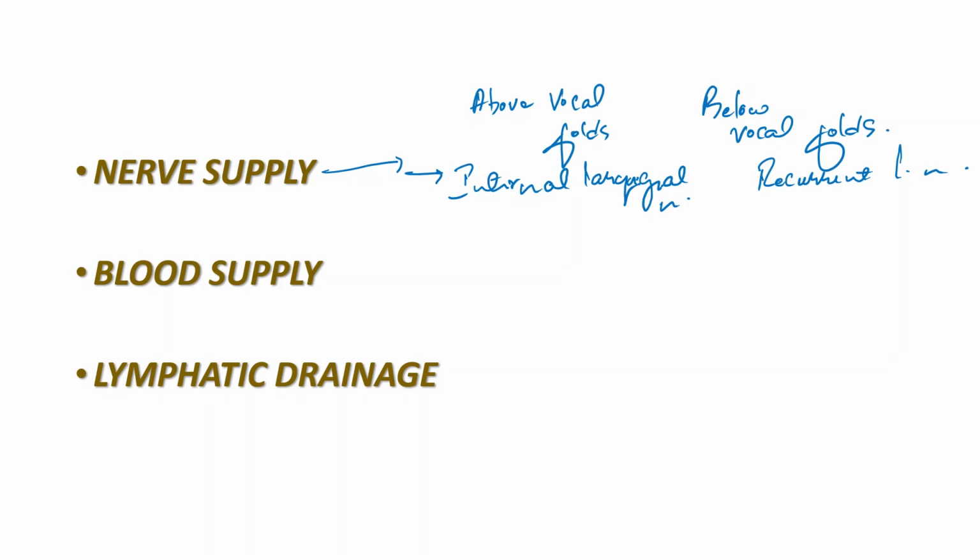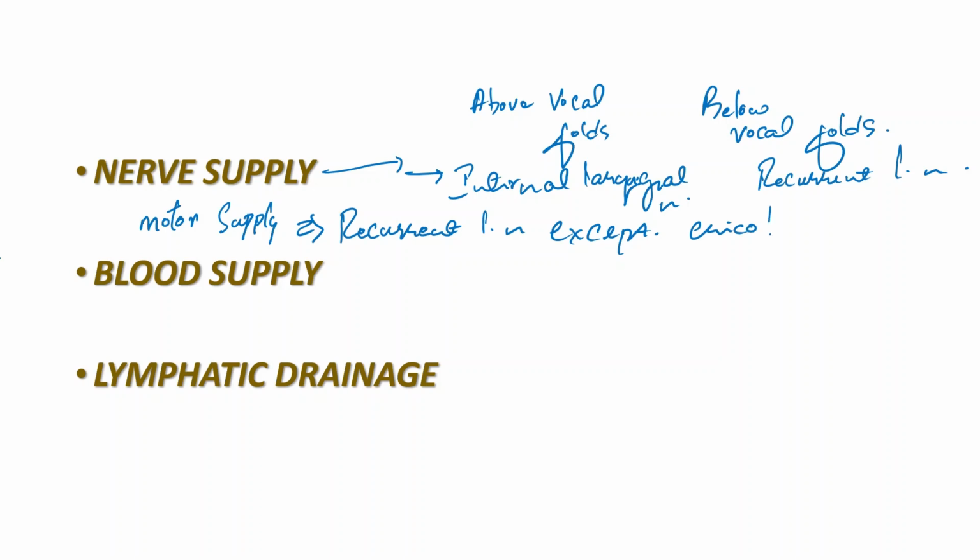When we need to know about the motor supply, that is all the muscles of the larynx. All the muscles of the larynx are supplied by the recurrent laryngeal nerve, except the cricothyroid, which is supplied by the external laryngeal nerve.